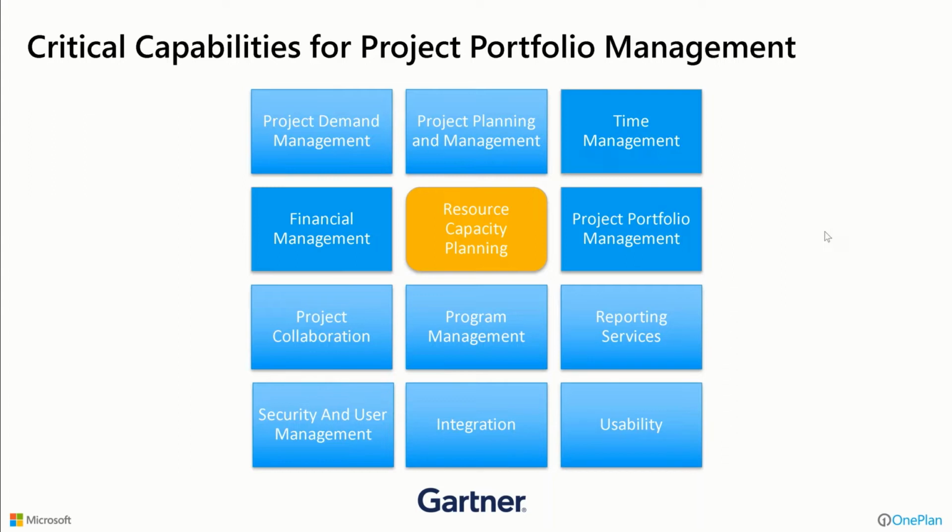But I want to highlight that you see it in the center, and I think it just happened to be that it is in the center because it connects to every single other major area, from demand management to planning, to the portfolio selection and prioritization, to the financial management, because there's costs associated with the resources, to the collaboration, to the program management, and to the reporting services. So we often see this as a phase one capability that needs to be built within the organization.